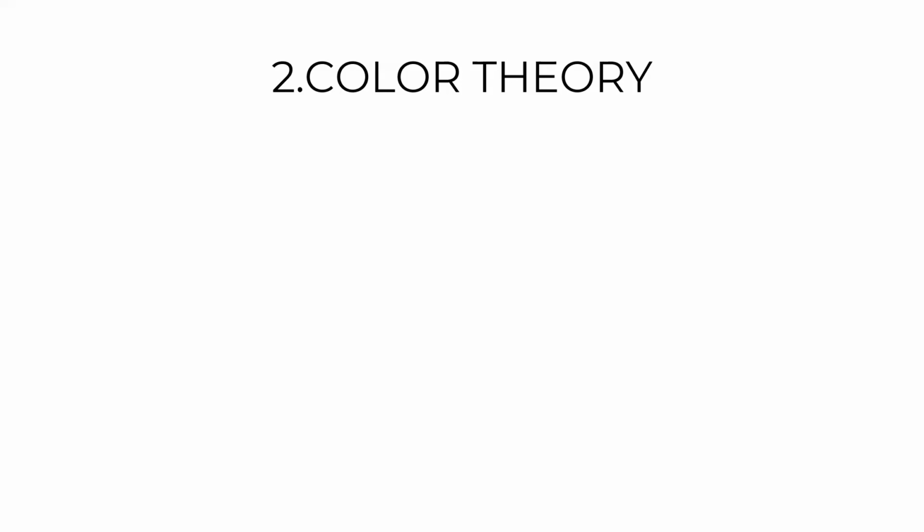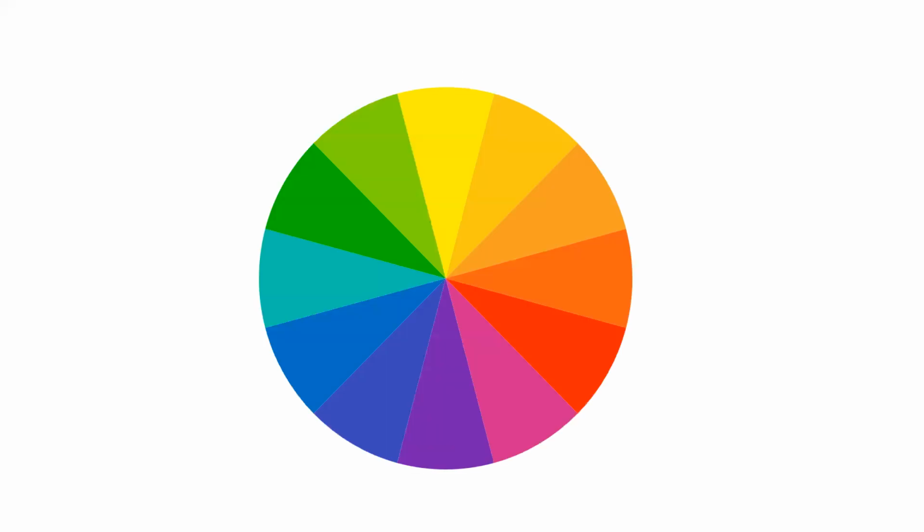So, moving on, what you're seeing on your screens right now is a very basic example of a color wheel. You can find these color wheels in almost all content creation software or design software as well.